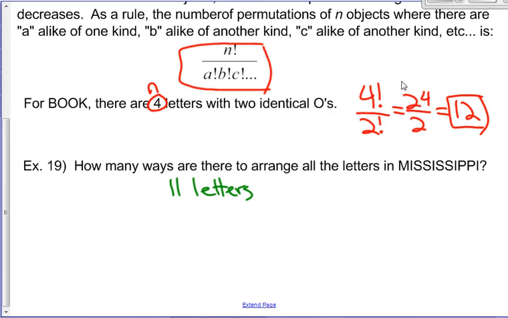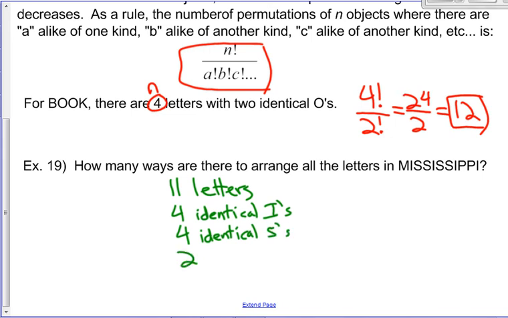But the thing to notice is that there are 4 identical I's. And there are 4 identical S's. And there are even 2 identical P's as well. Spelling. There we go.